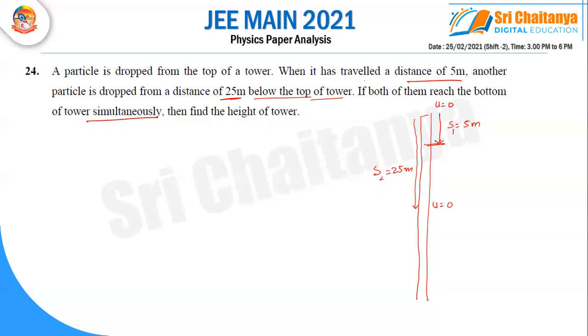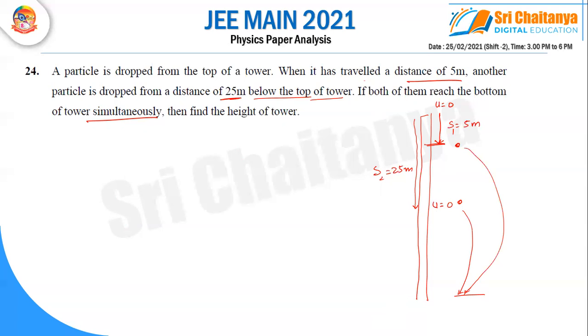Now at this point, in fact, this is being dropped. So when the ball is here, now this is dropped here. If both of them reach the bottom simultaneously, then find the height of the tower, he says. So the reaching point of this and this is the same. So these are reaching simultaneously, and he's saying that they are the same.